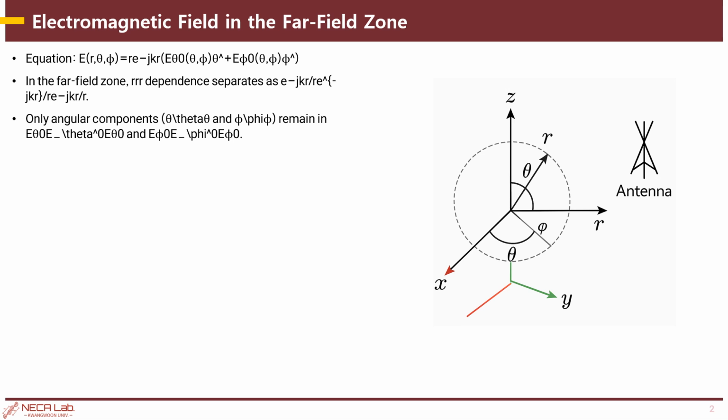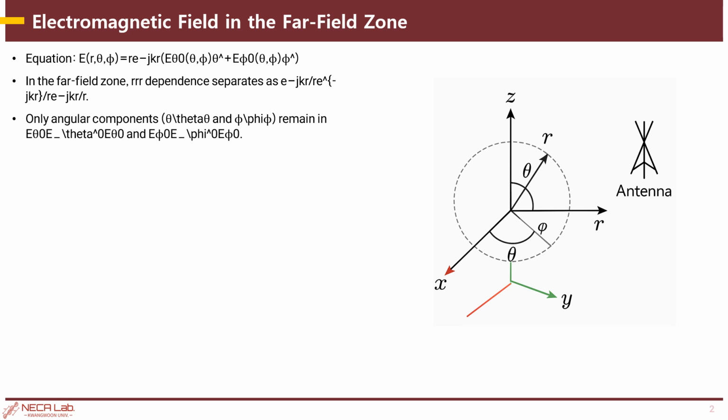And this indicates that the amplitude decays as 1 by r and the phase term is e to the power minus jkr. Only the angular components theta and phi remain significant in the field expressions, meaning that E theta naught and E phi naught describe the directional characteristics of the radiated field.